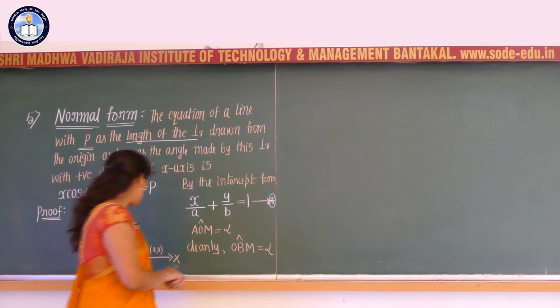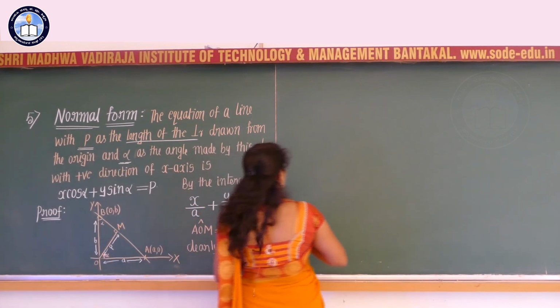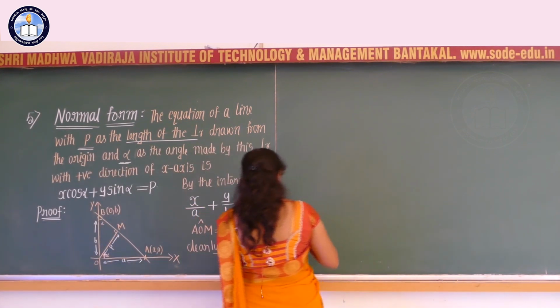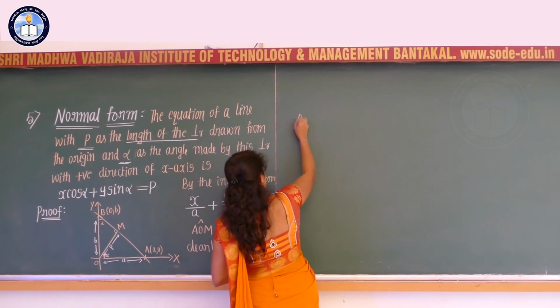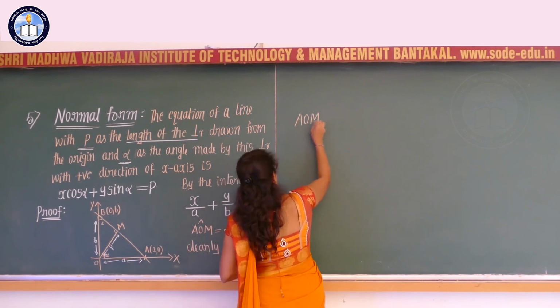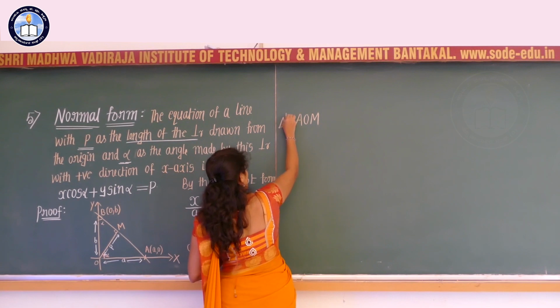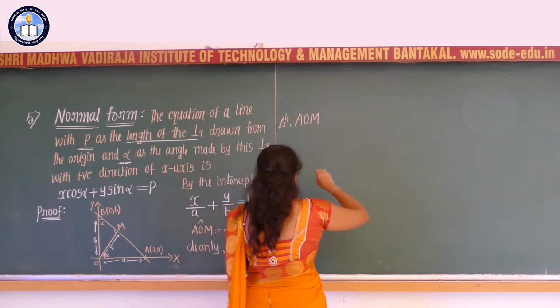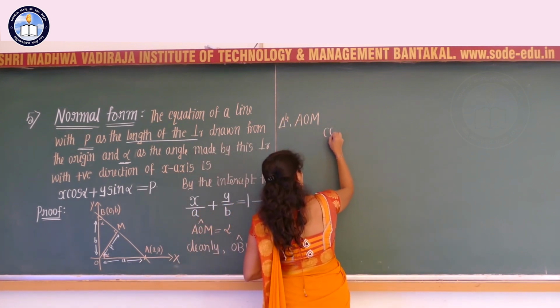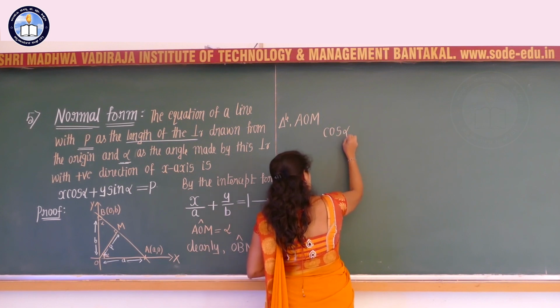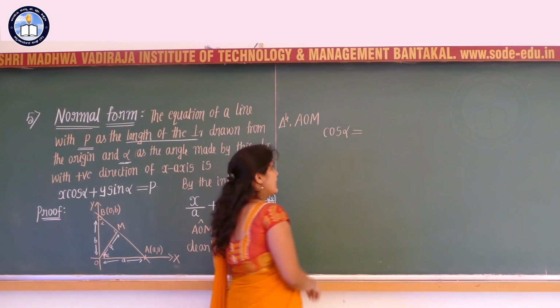So now let me consider the triangle AOM. With respect to the triangle AOM, I am considering the expression for cos alpha. What is meant by cos alpha?